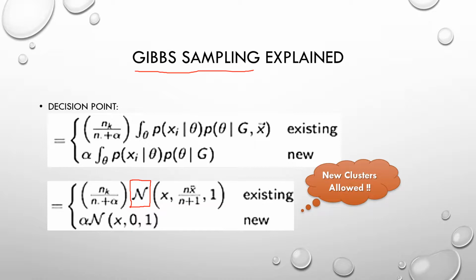One decision point says a document can belong to an existing cluster, and the other decision point, based on the alpha and a normal distribution, says that a document can belong to a new cluster based on its distance to other clusters. And we'll see an example of that coming up.